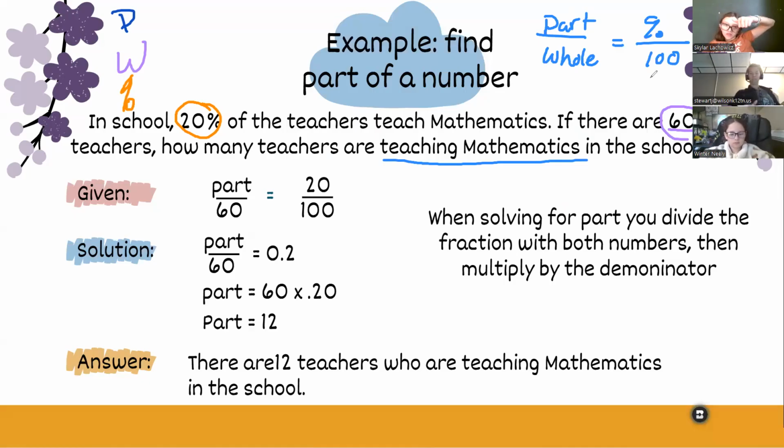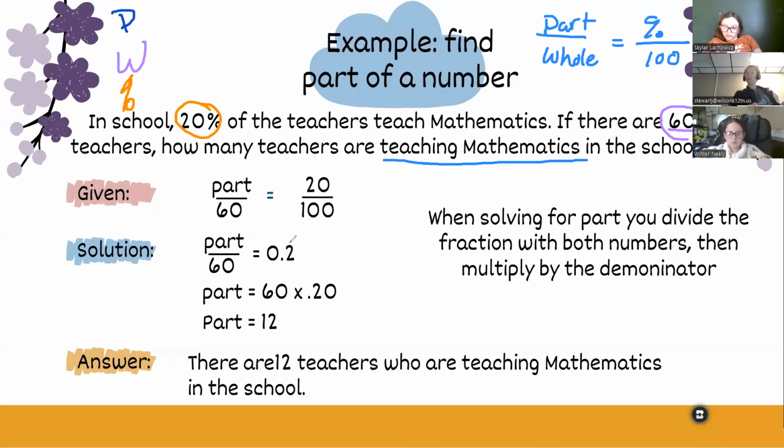Okay. All right, now, when solving for the part, you just divide the fraction you already know, just like we did yesterday. So this time we're turning our percent into a decimal, right? We just divide. We turned it into a fraction, 20 over 100, and now we're getting it as a decimal, and it should be 0.2. That's exactly right.